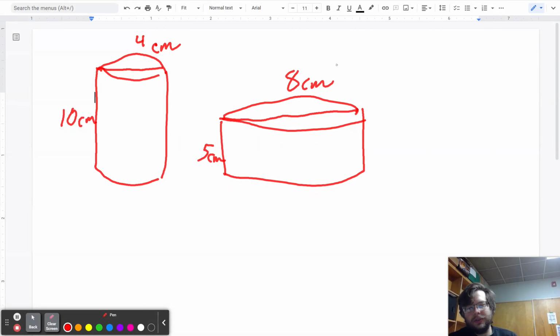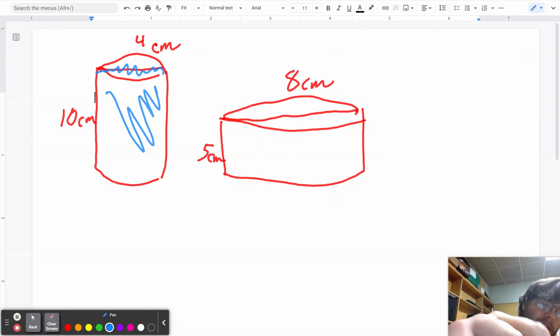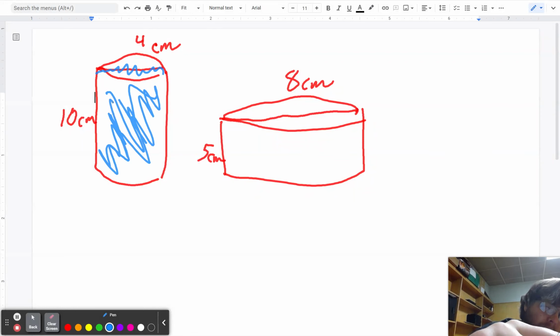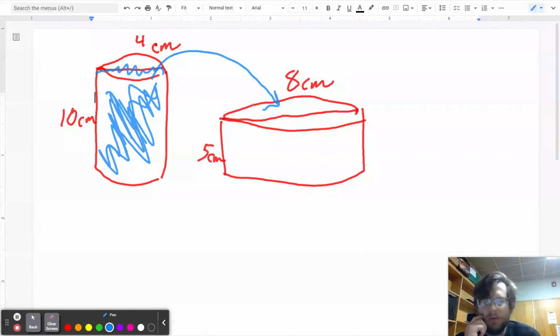And so, what I want you to think about is if we filled the cylinder on the left all the way up with water, so that everything was filled up with that beautiful blue water, and then we poured it in here, would it fill it up perfectly? Would it overflow, or would it not fill up the thing at all?